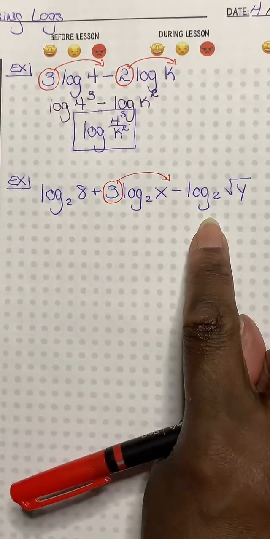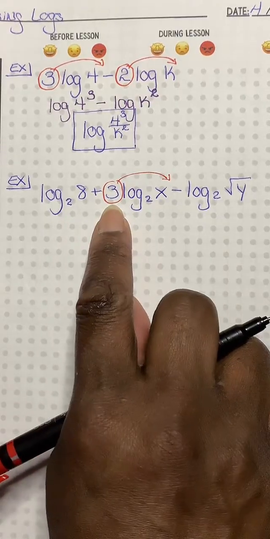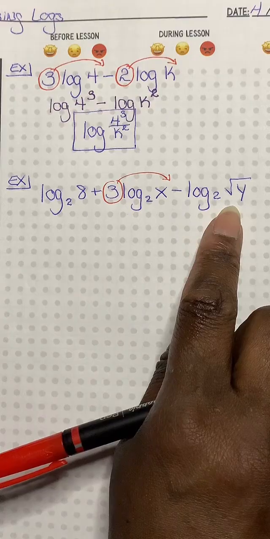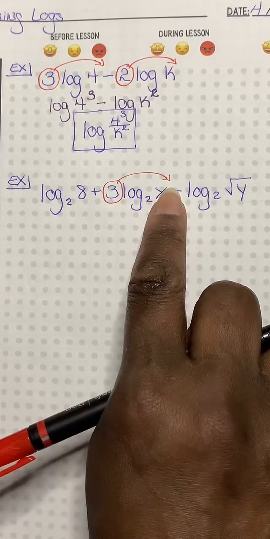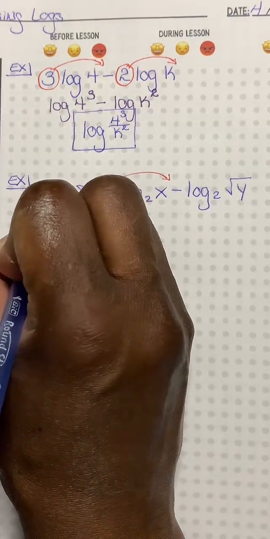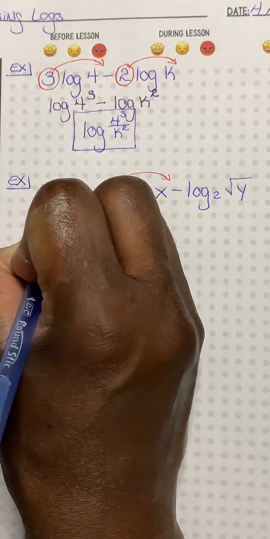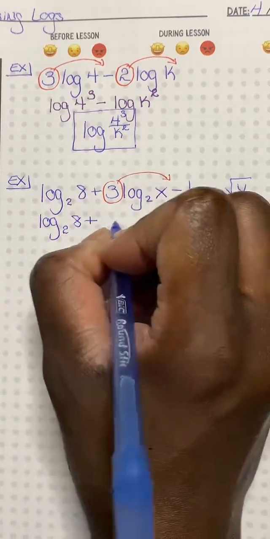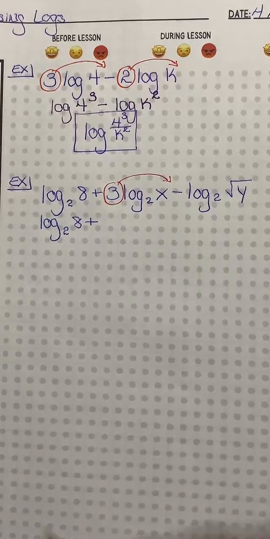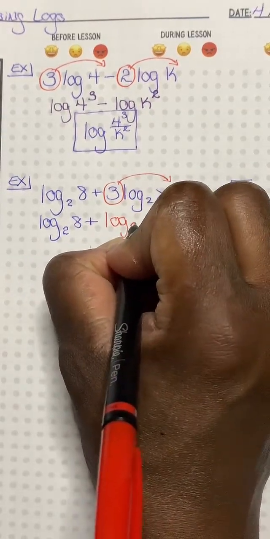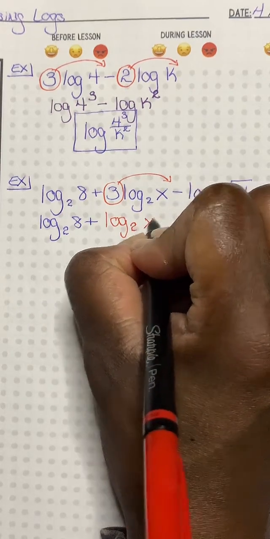Okay, I always like to see, do I have any leading coefficients to make into exponents? That's my first step. If I do, make them into exponents. So now we have the log base 2 of 8 plus log base 2 of x cubed.